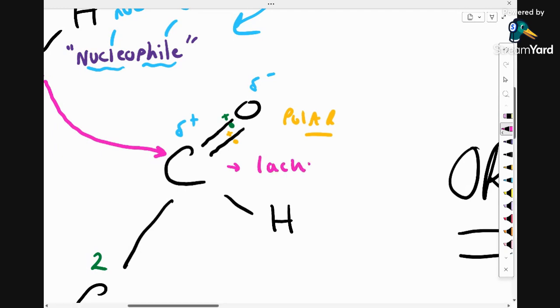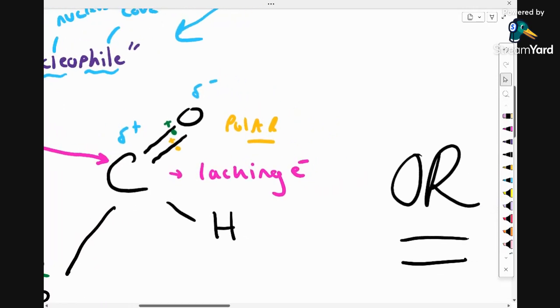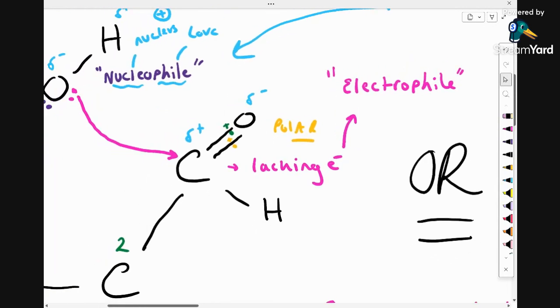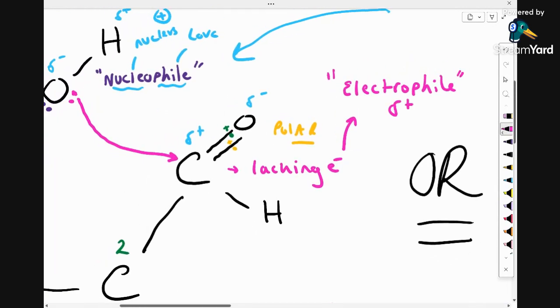It's lacking electrons and it wants, in inverted commas, to gain more. Therefore, we call it an electrophile. It's capable of receiving a pair of electrons to form a covalent bond because it is delta positive.